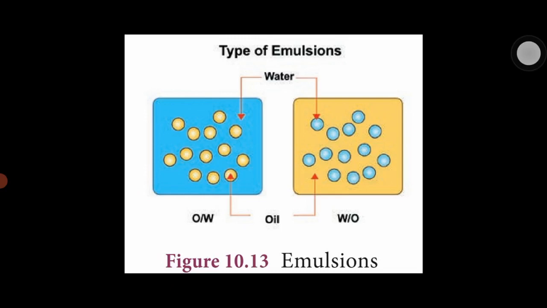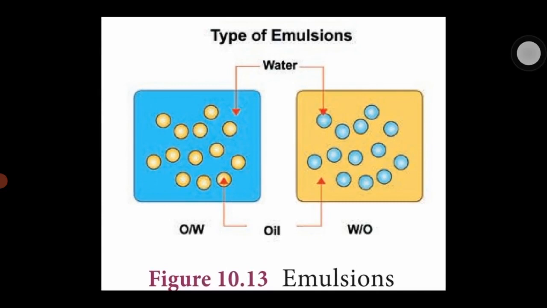Another case is water in oil. Water droplets are mixed with oil. A small amount of water particles is mixed with a larger amount of oil. In this case, water acts as the solute and oil acts as the solvent.